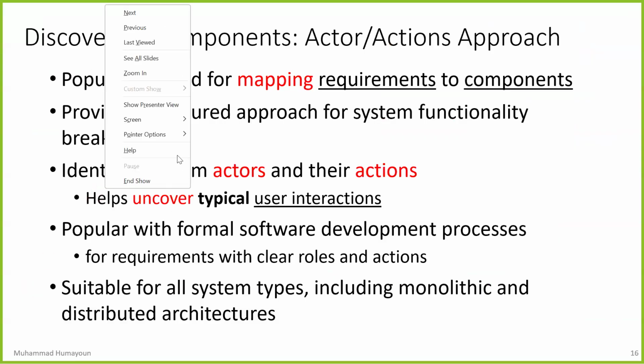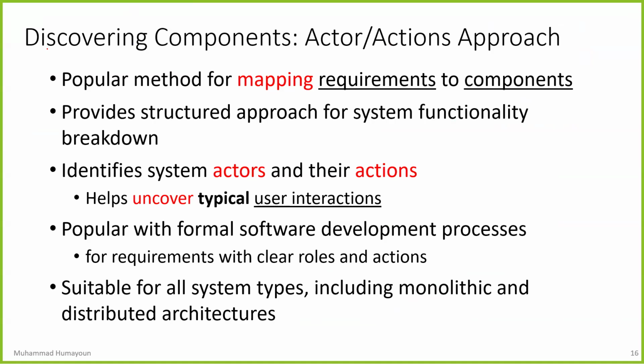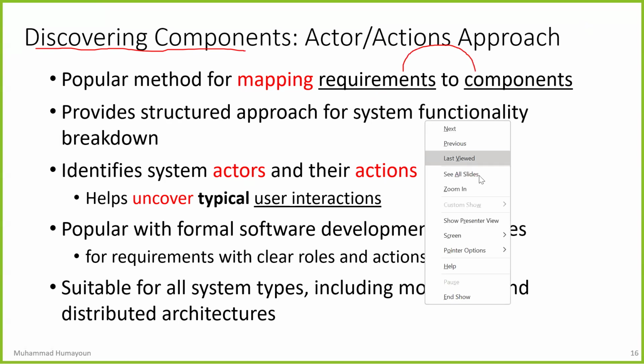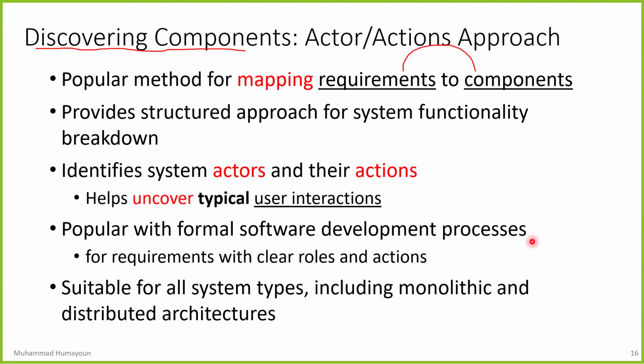Our objective is to discover components within a case study. The actor action approach is a popular method for mapping requirements to components. You look at requirements and from your requirements, you try to come up with components, as always. This is our common theme.